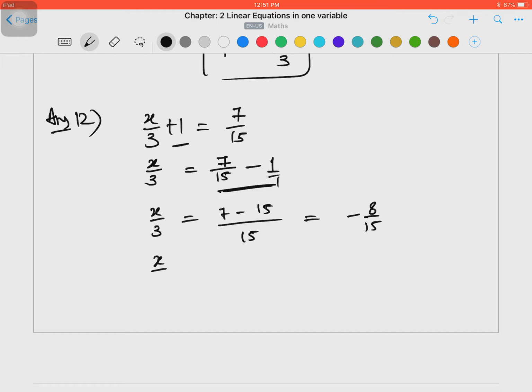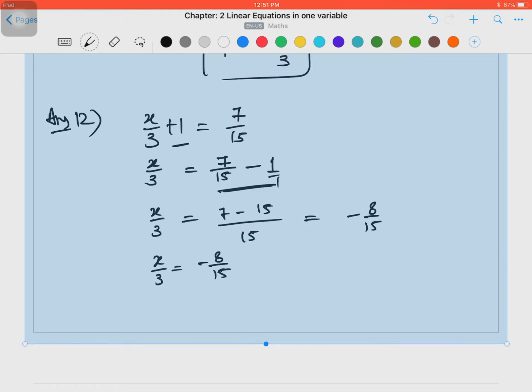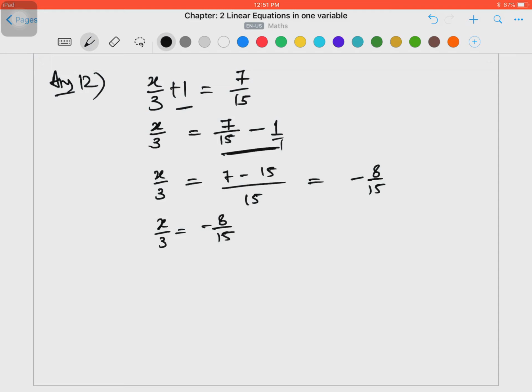Hence x by 3 is equal to minus 8 by 15. Now as you can see, this 3 here is in division, so when you shift it onto the other side of the equality sign, that is on the right hand side, this will be x equals minus 8 by 15, and from division it will become multiplication.